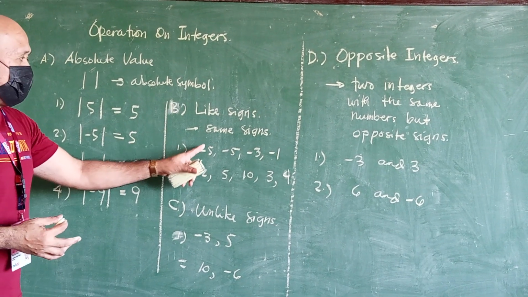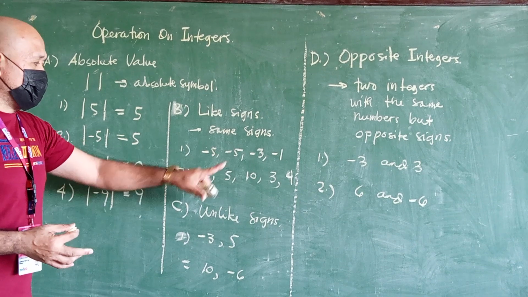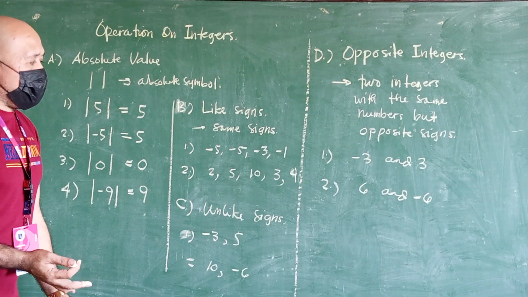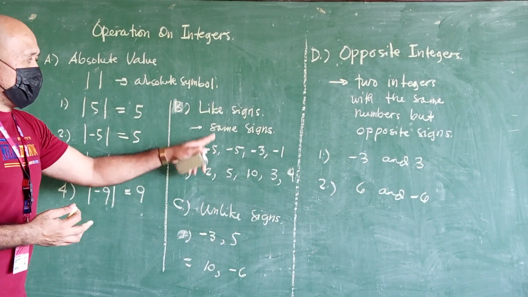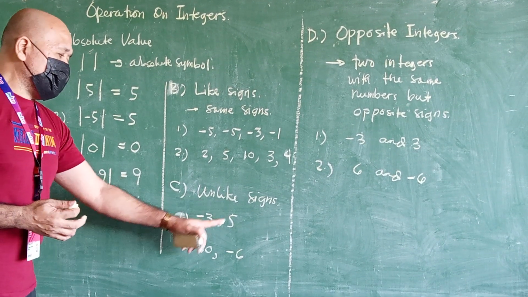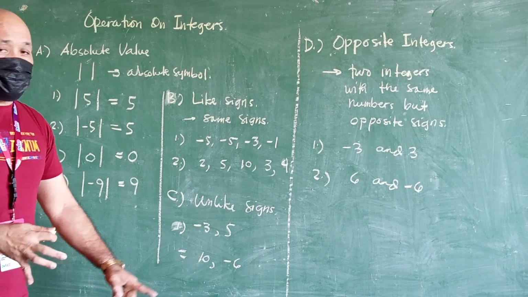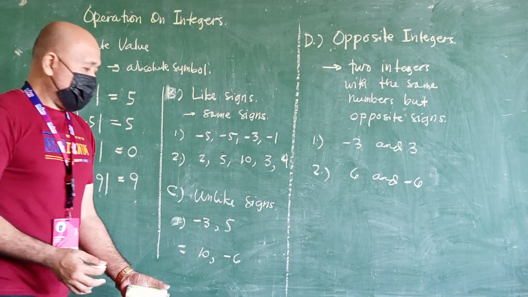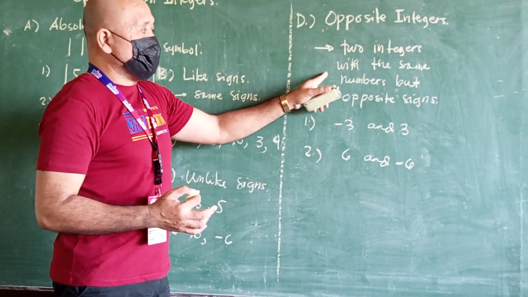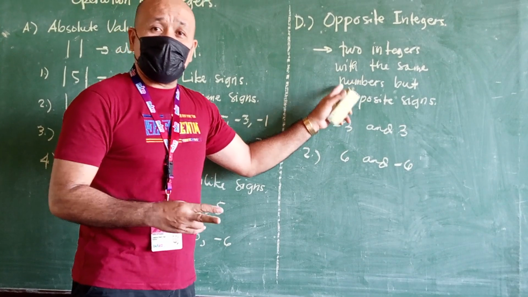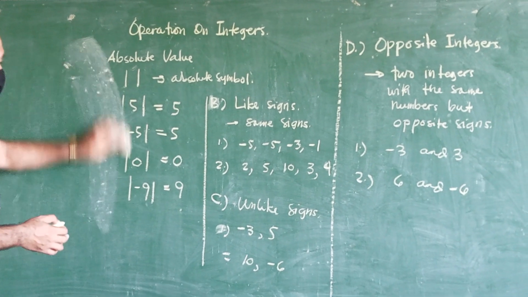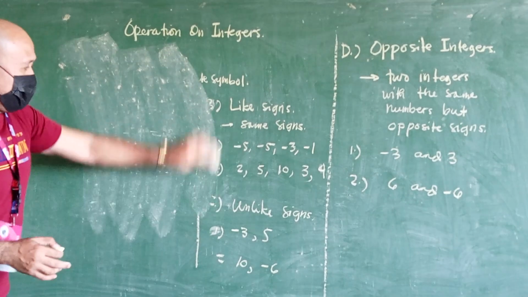Like signs are integers with the same signs, and as many as you can write, as long as their signs are the same. Unlike signs are integers with opposite signs, where signs are not the same. While opposite integers are integers having the same numbers, but their signs are not the same. So I guess you are now ready to proceed to the addition of integers.